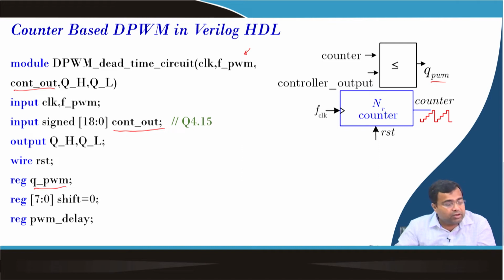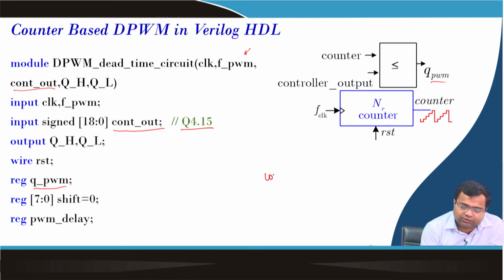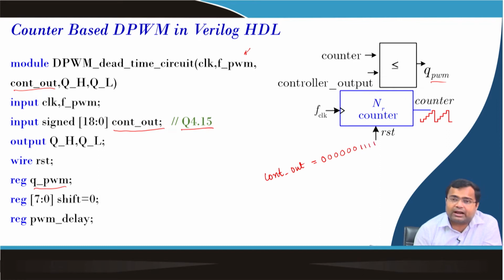The cont output originally is a 19-bit number, 4.15. For testing purposes, we consider the cont output in binary. It is in 4.19 format, so we take the first 6 digits as 0, then the next 4 digits as 1. That makes 10 digits, and then the remaining 9 digits are all 0.